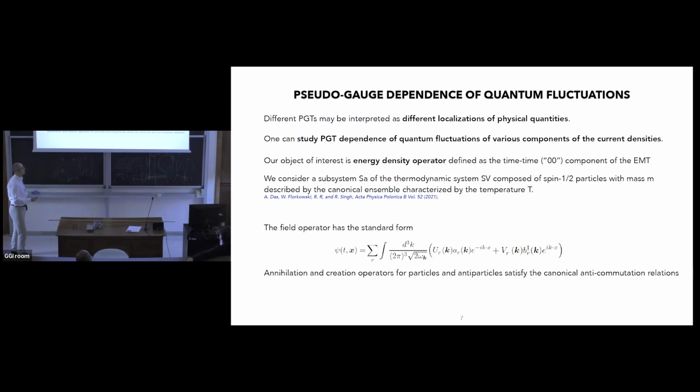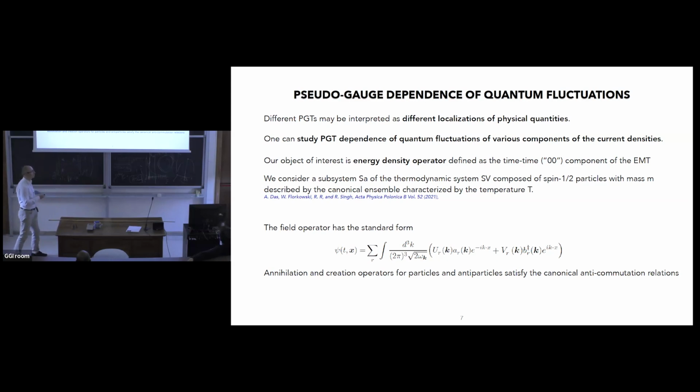But now, since you have a quantum system, you will have fluctuations if you go to very small sizes. And now you can take various components of your current densities, any of your favorite ones. But what we did, for simplicity, was to pick the time component of the energy-momentum tensor, which is related to the energy density, and we defined the energy density operator.